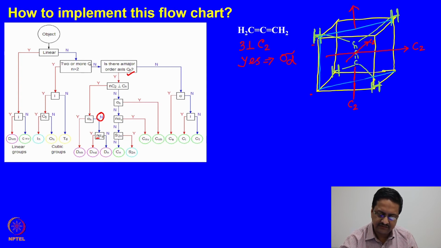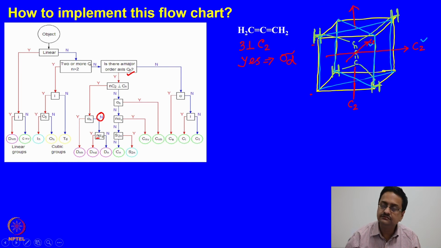This is a sigma d which bisects these two C2s. There is a sigma d here which bisects the other two, the same set of C2s. So, we have two sigma d's bisecting C2s.